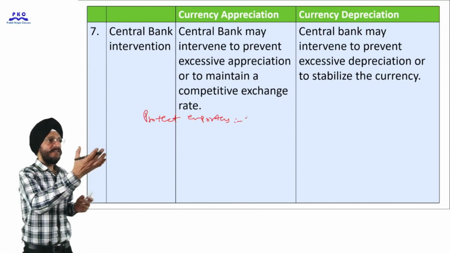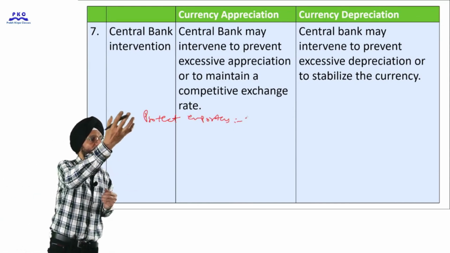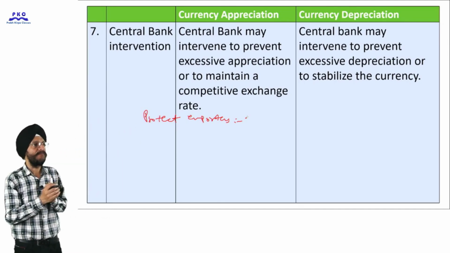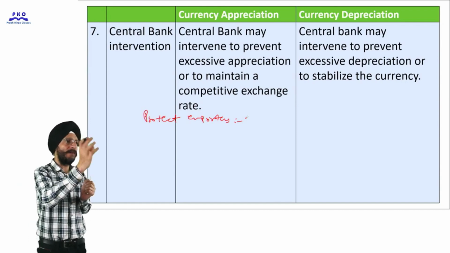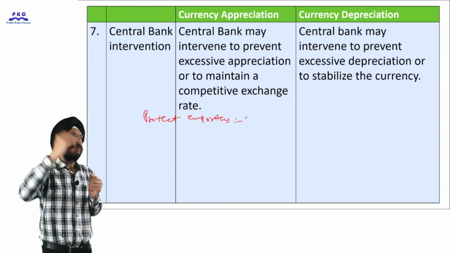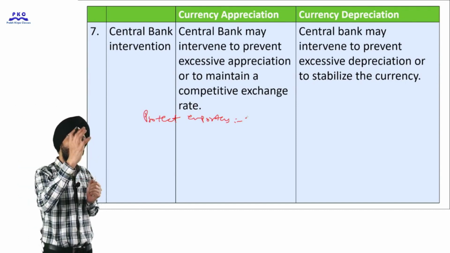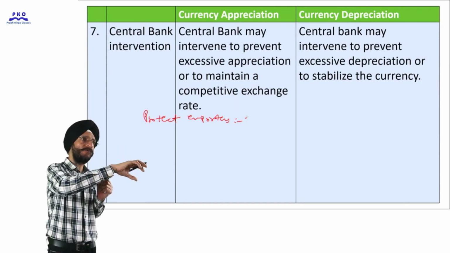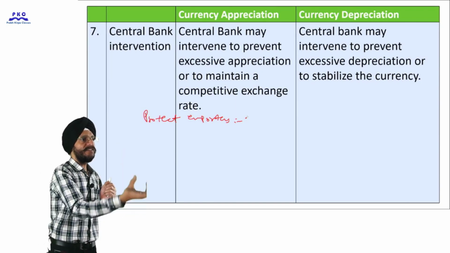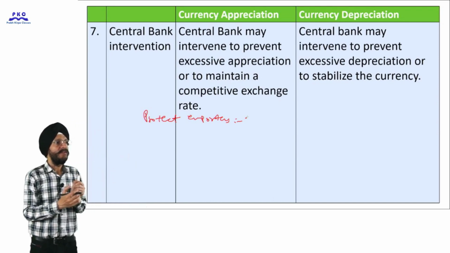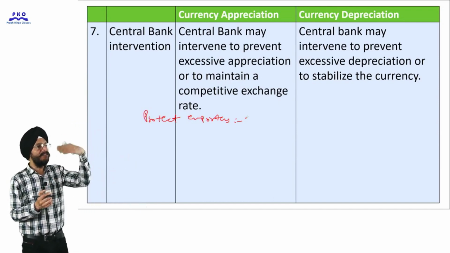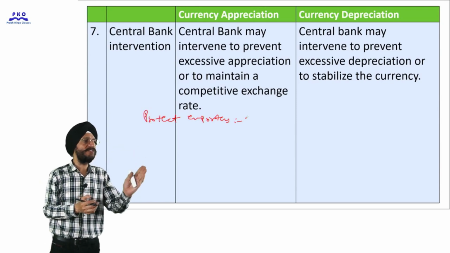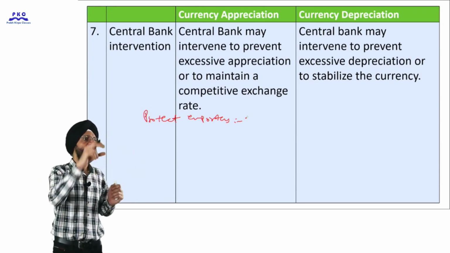When the domestic currency of any country appreciates, then exports become expensive for foreign buyers. It adversely affects the exports of the country where the currency has appreciated. It adversely affects the export-oriented units and also causes job losses in that country.